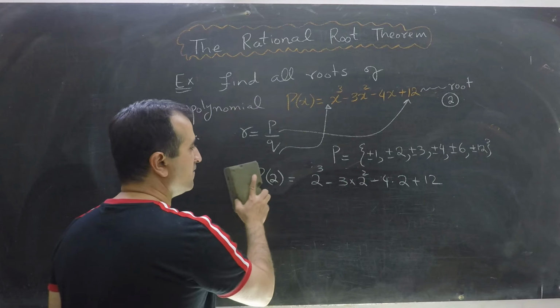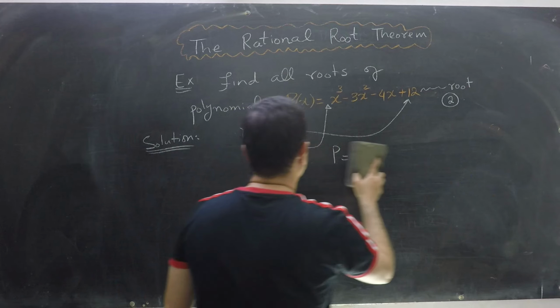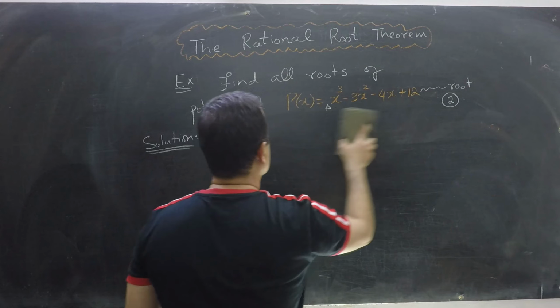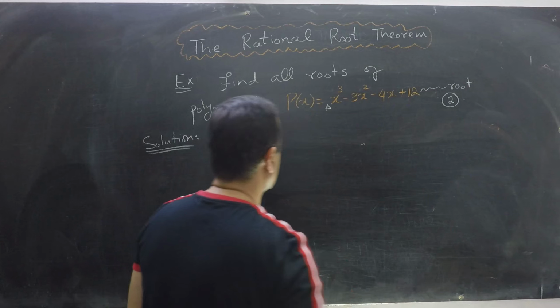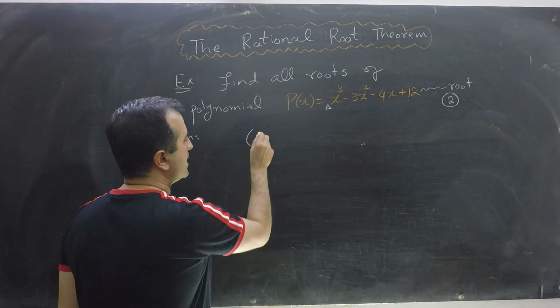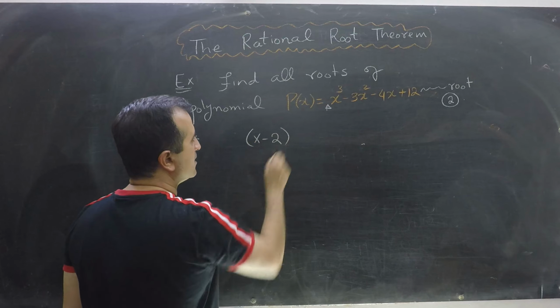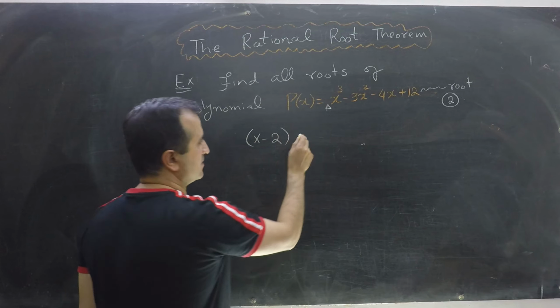By using the factor theorem that we have discussed a few videos ago, I can say that the polynomial x - 2 divides p(x).